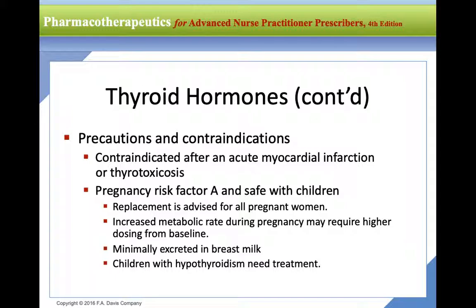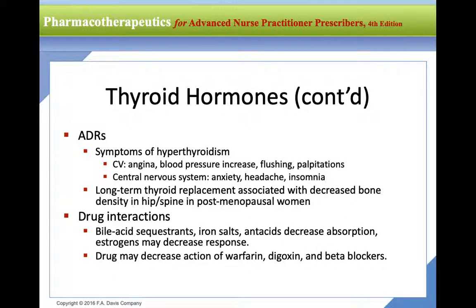You'll see that thyroid hormone is a pregnancy category A medication, one of the few. So it can be used during pregnancy. It's just they're going to require an increase of about 50% during pregnancy, just right off the bat. Adverse drug reactions are just the symptoms of hyperthyroidism if they're getting too much.